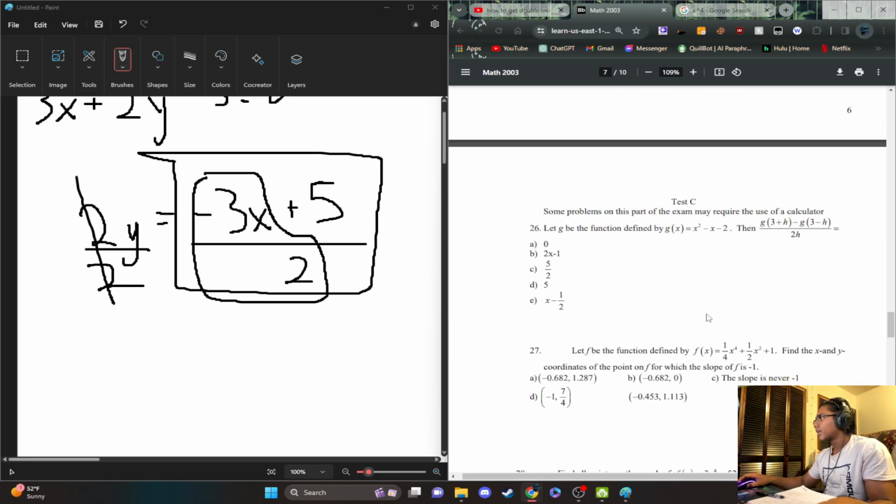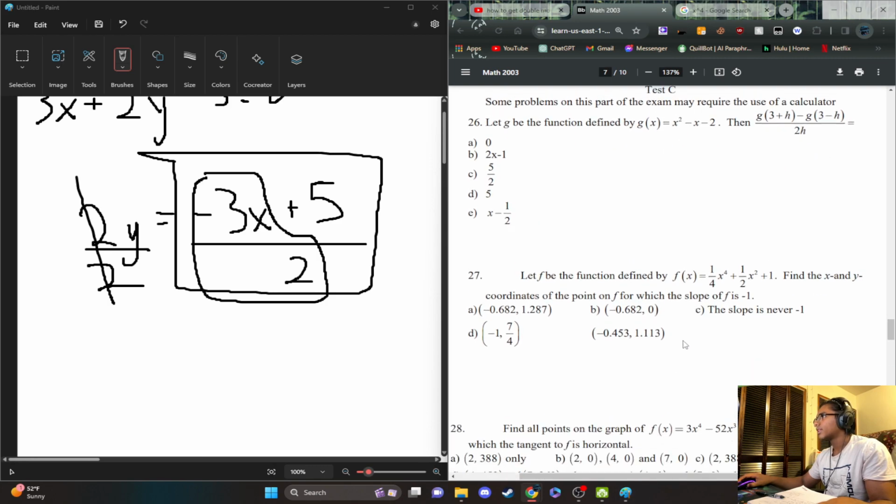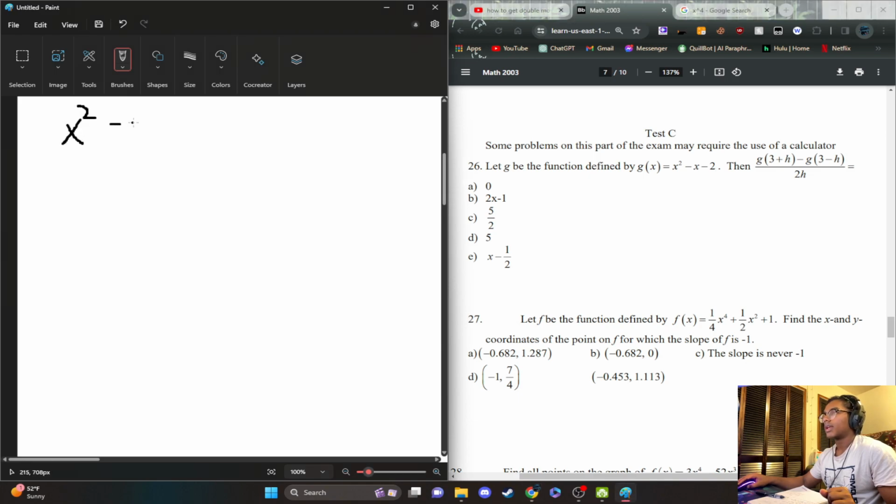This part of the quiz requires a calculator, right? Now for this, you really don't need a calculator. I'll just show you guys how to do this right now. Whenever they're asking you what g of this is, what you do is you plug it in. So for example, the original is x squared minus x minus 2.